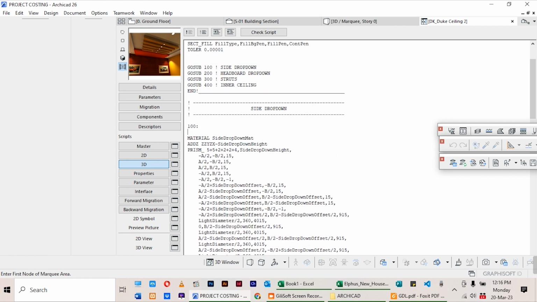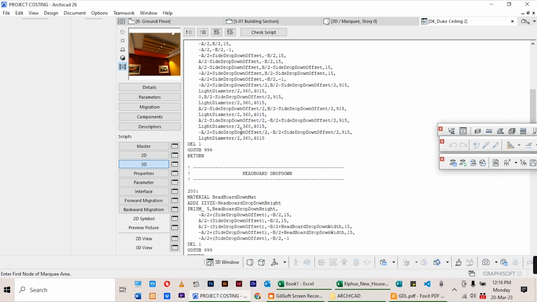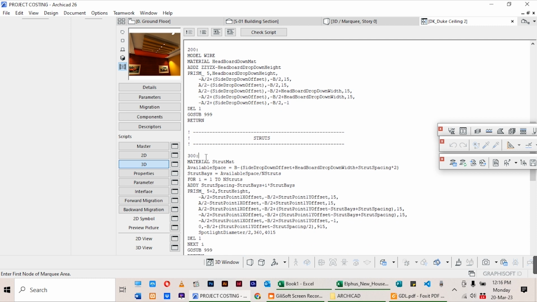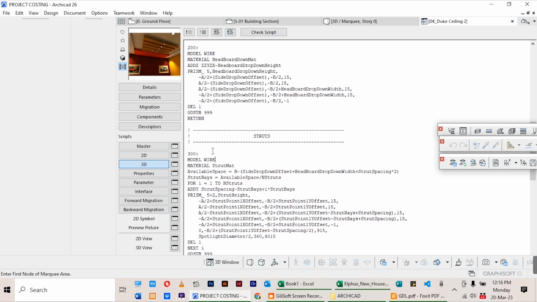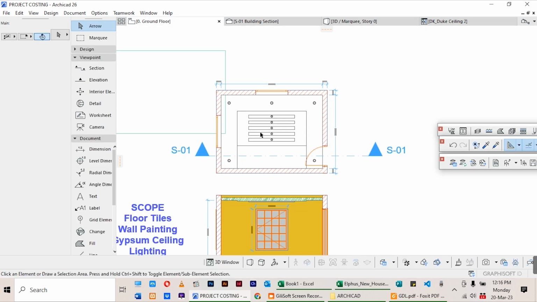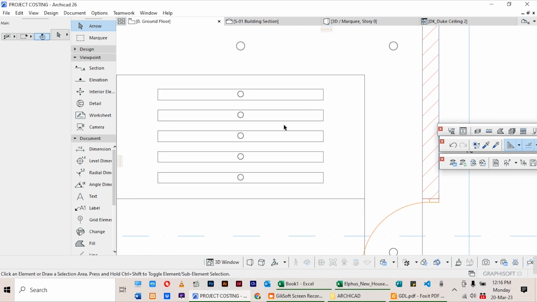Let's do it here. Model, so that we can see the actual ceiling.